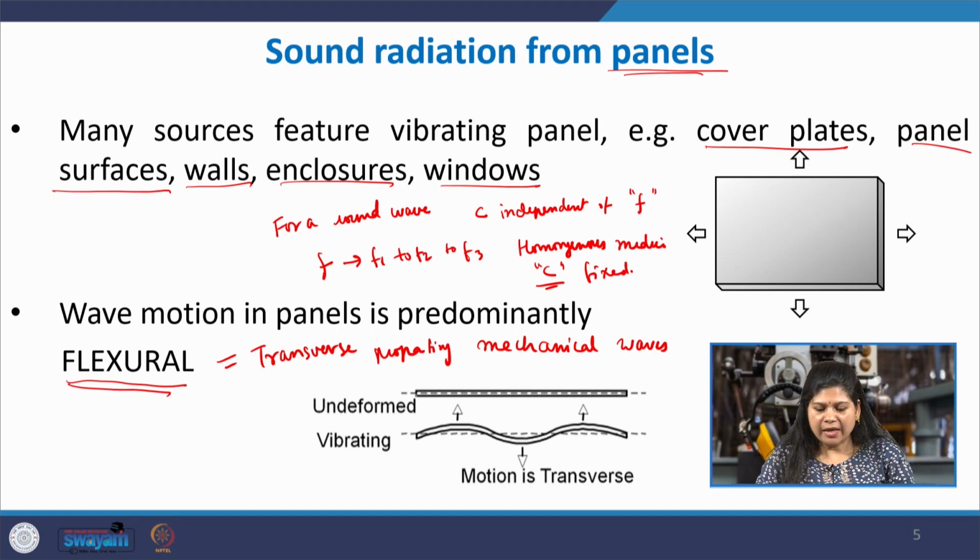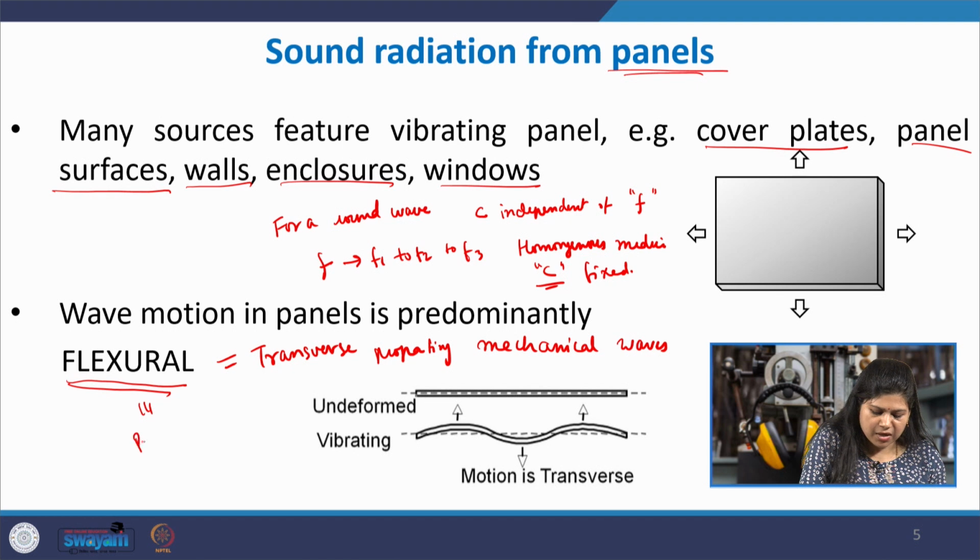In 1D, you can think of a tight string or rope that you pluck: the disturbance propagates along the length, but the vibration is perpendicular to the length. Same thing, if you now expand it to 2D, you understand the concept of flexural waves. We also call these flexural waves bending waves.